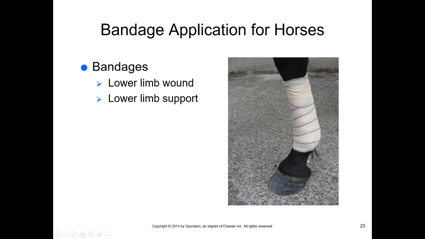If we're wrapping even a lower leg wound, we actually want to start below where the hoof starts. We don't want to let it come just to the edge. We can come up here, but we're going to start to cut off circulation if we don't go low enough. Right about here, if we leave the bandage right there, we're going to cut circulation off to that hoof, which is bad news.